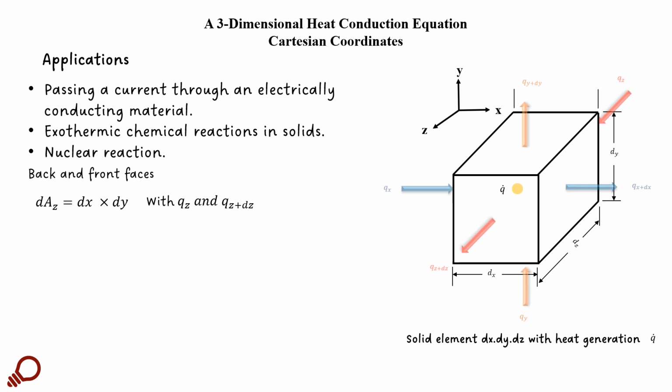So, to find the areas of the six faces of this element, we have dA sub z equal to dx times dy, accompanied with heat transfer rates q sub z and q sub z plus dz. We have the left and right faces, dA sub x equal to dz times dy, with heat transfer rates q sub x and q sub x plus dx.